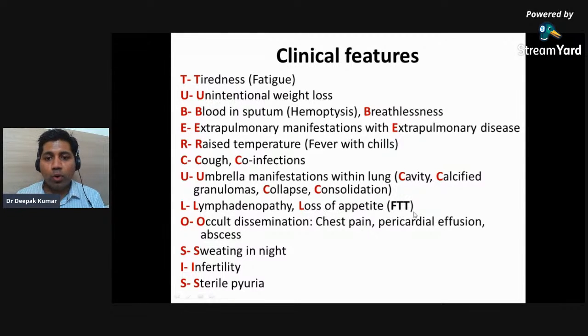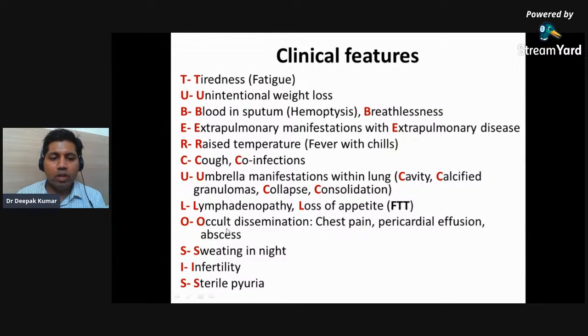A friend of mine wanted me to include failure to thrive in children with tuberculosis, so I'm having that there, which is when there will be refusal of feeds and malnourishment. O for occult dissemination. That can result in chest pain due to massive pericardial effusion which slowly built up, because no primary lung pathology was identified or presented in early stages.